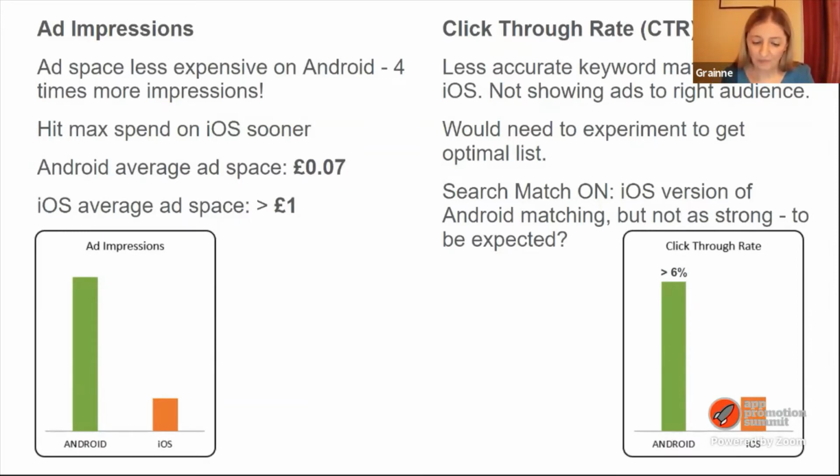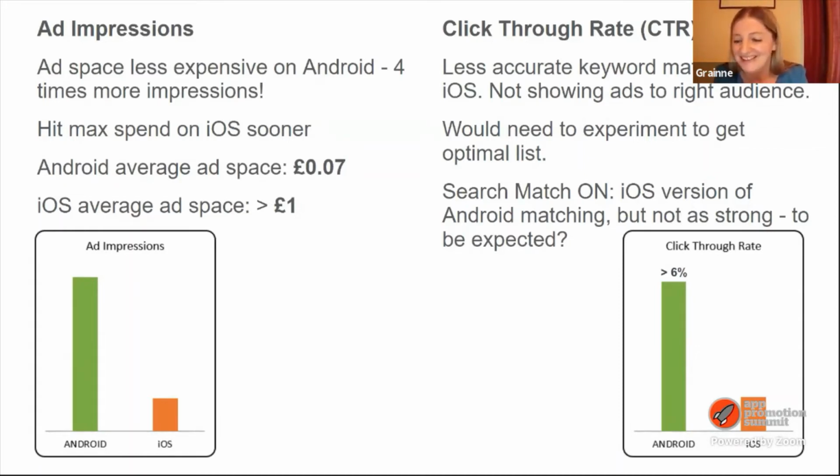So out of the ads that are shown, how many are actually clicked on? Again, we can see that the iOS side is low here. And looking at this slide, it looks like the metrics on each side are exactly the same, but they're not. It's just the ratio is the same.